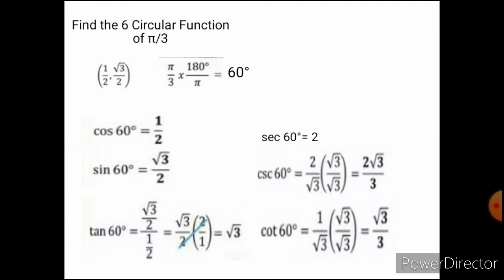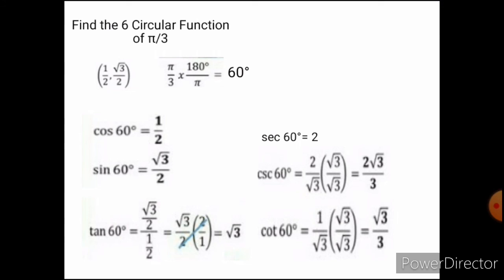Next, we find the reciprocal of the denominator and multiply it to the numerator. So we will have square root of 3 over 2 multiplied by 2 over 1. 2 over 1 is the reciprocal of 1 half. Then we can cancel 2. Our tangent 60 is equal to square root of 3.